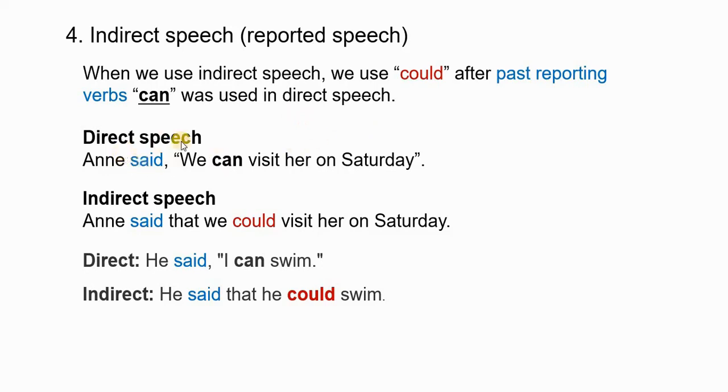So direct speech: Anne said we can visit her on Saturday. Indirect speech: Anne said that we could visit her on Saturday. Another example: direct: he said I can swim. Indirect: he said that he could swim.